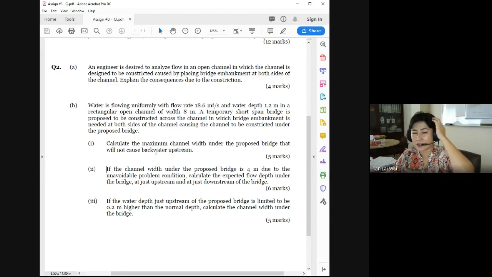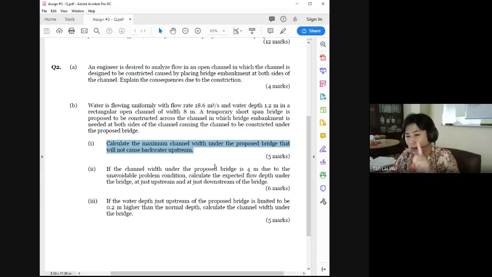Now, for case 1, for the first question, the question asks you to calculate the maximum channel width, Bmax, that will not cause backwater upstream. That means Y1 will still be maintained as Y0. So this would be case 2.